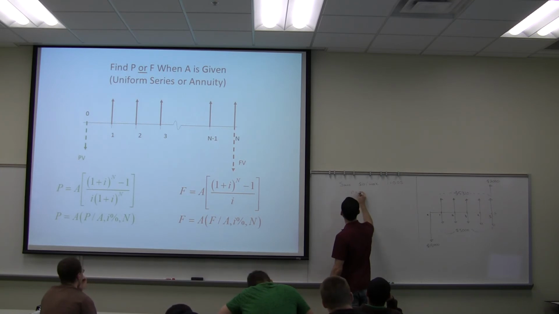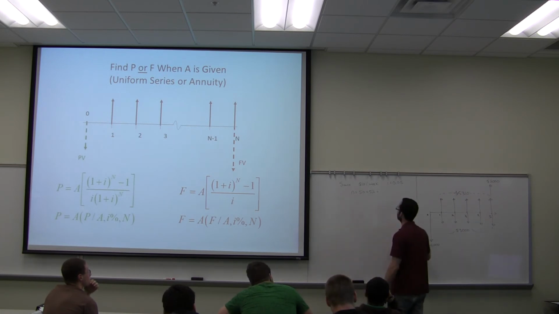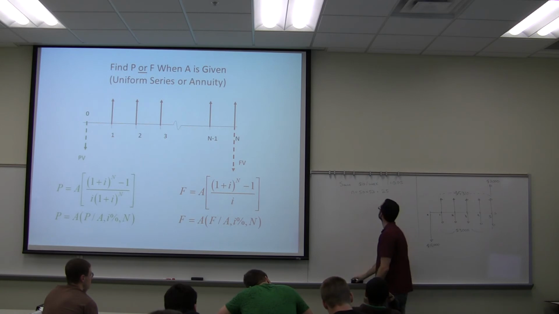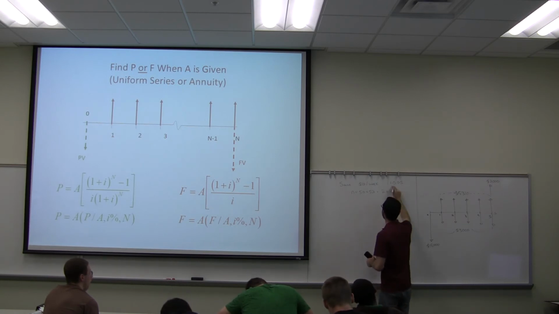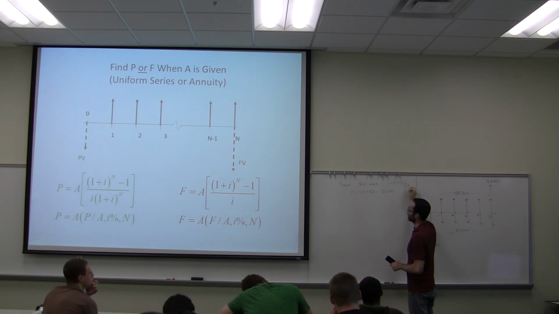So N is going to be 50 years times 52 weeks per year, which is 2,600. I is 0.05 divided by 52 because it needs to be the interest rate per period.